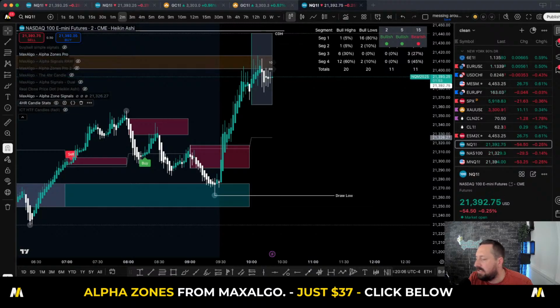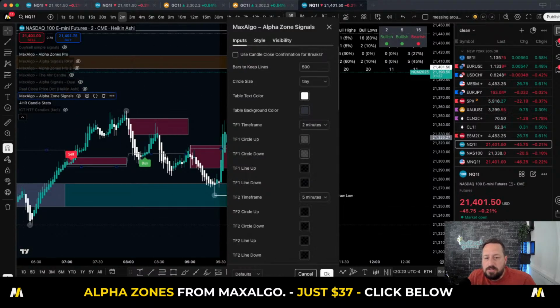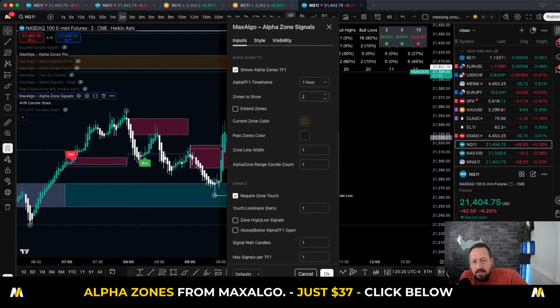Mark's not seeing them, and Pickles isn't seeing them. Any signals. Just check there's something not ticked. So in the settings, this is your alpha zone that's connected to the signals. It's default to 1 and 2, right?